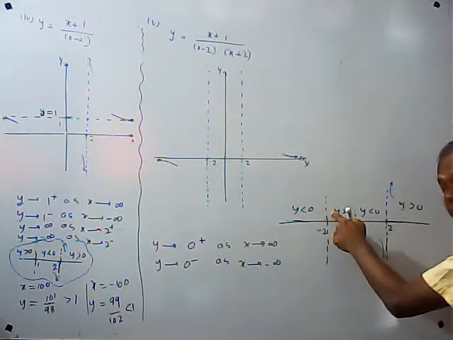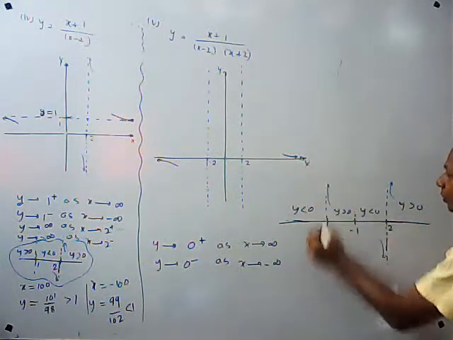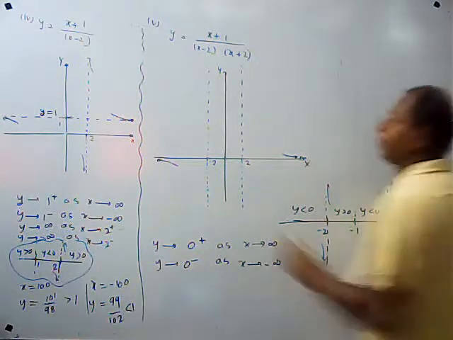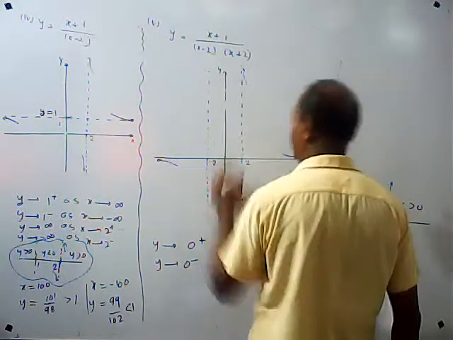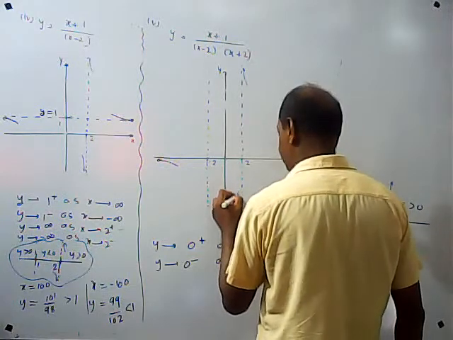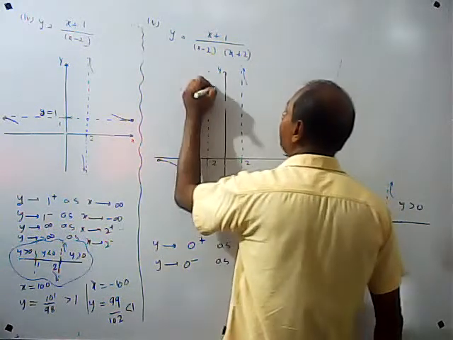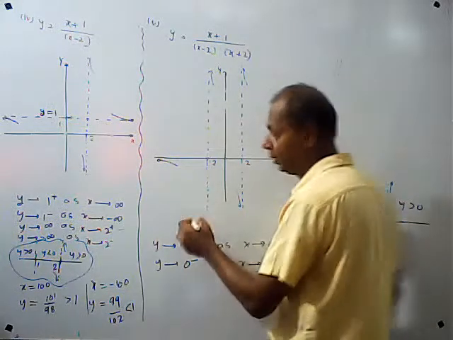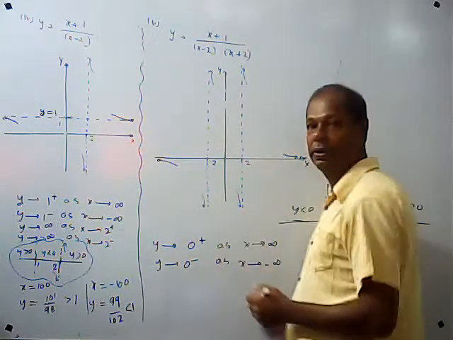Here again y is positive, it goes to positive infinity, and on this side y will go to negative infinity. Positive infinity, then negative infinity, again positive infinity, and finally negative infinity.